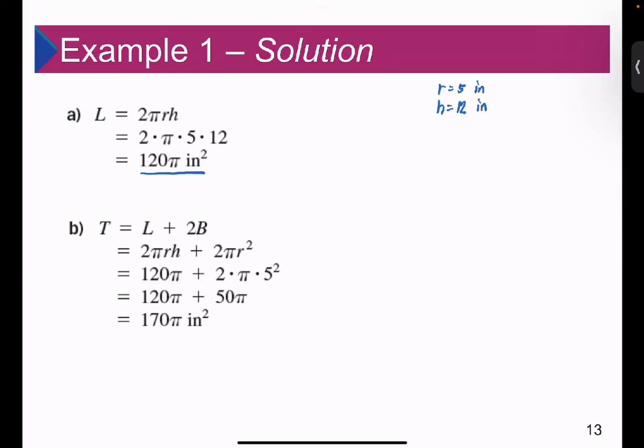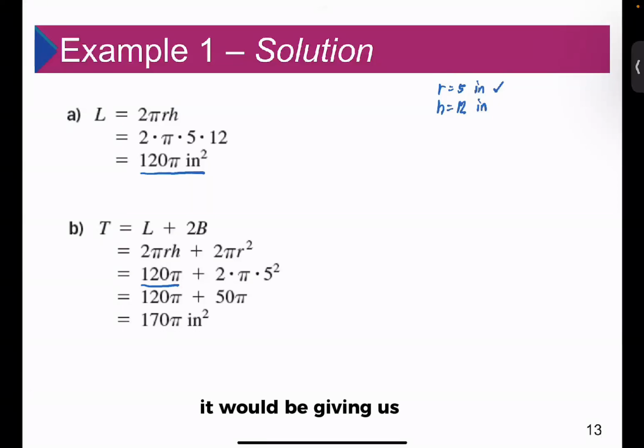For the total surface area, it would be the lateral area L plus twice the base area. So it would be 120 pi plus 2 pi r squared, twice pi times r squared.